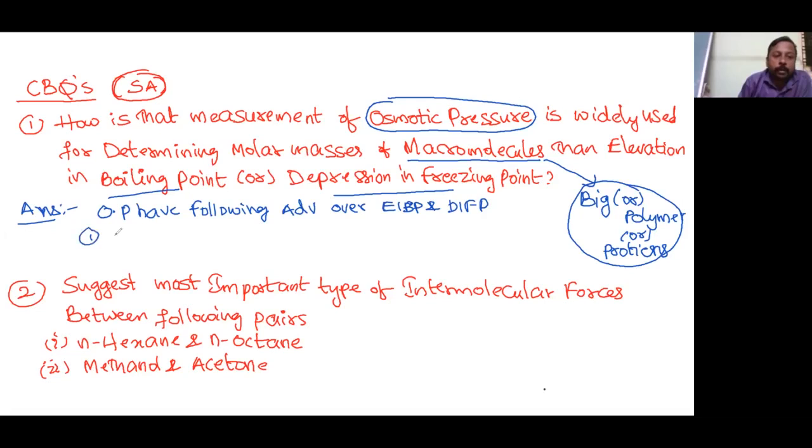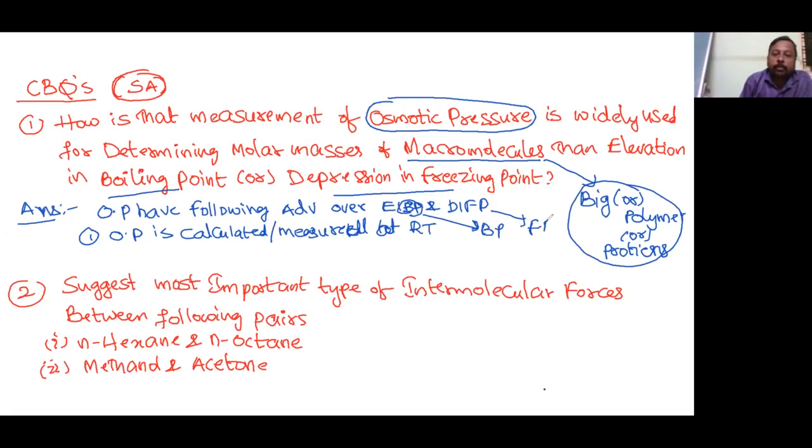First of all, osmotic pressure is calculated or measured at room temperature. You can use any word whichever you are comfortable with. But for the others, you have to heat till the boiling point and cool till the freezing point.